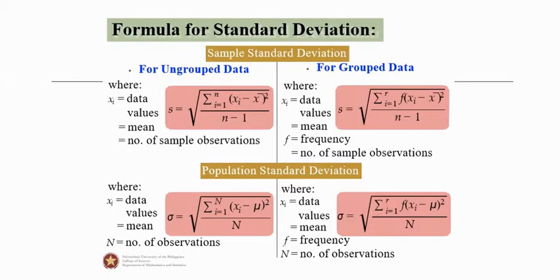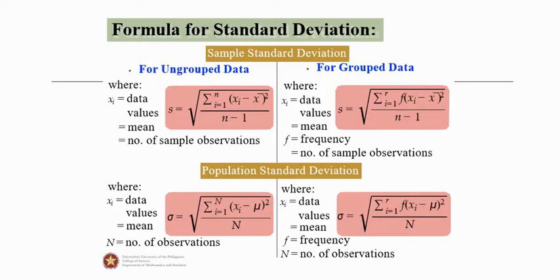So the sample standard deviation, or s, is equal to the square root of the summation of the squared differences of these values from the mean: the summation of (x minus x bar) squared. What is x minus x bar?